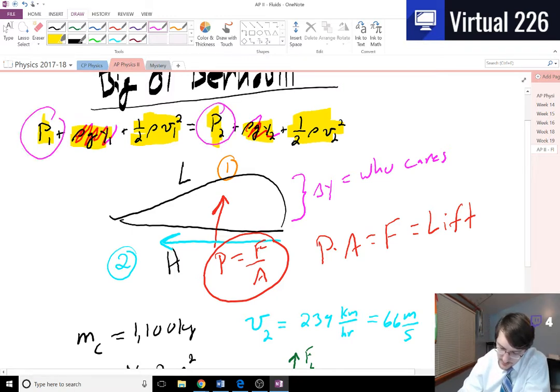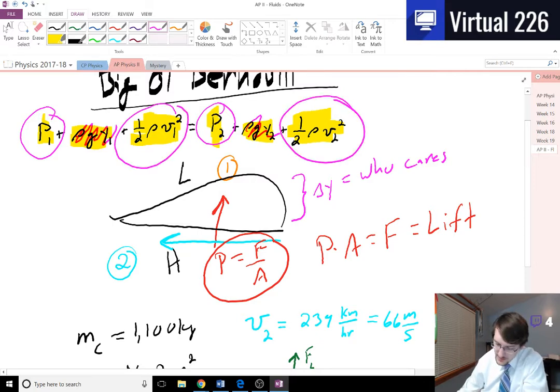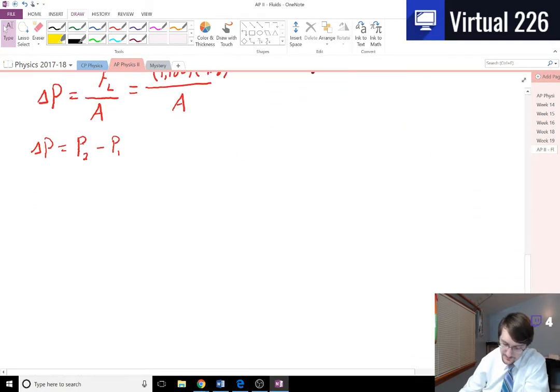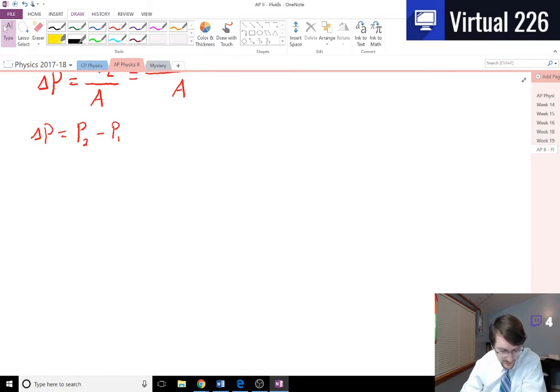Now that we have P2 and P1, and we have velocity and velocity, we can set this equation up. Setting this equation up can give us what we are looking for.